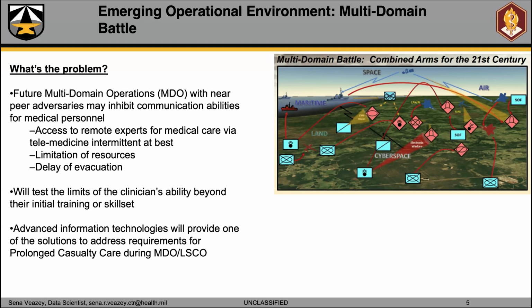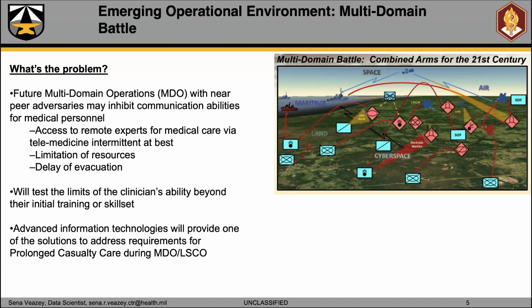There's going to be limitation of resources and a delay in evacuation. We're calling that prolonged casualty care, where we're having to hold casualties much longer. If you recall, in past warfare with Iraq and Afghanistan, we were able to have the golden hour, where we were able to evacuate casualties within 1 hour from point of care to some sort of field hospital.